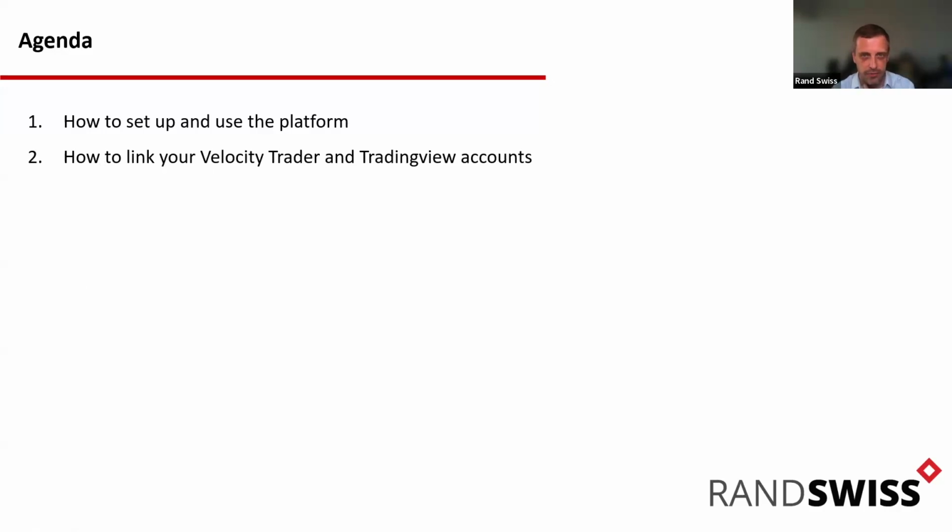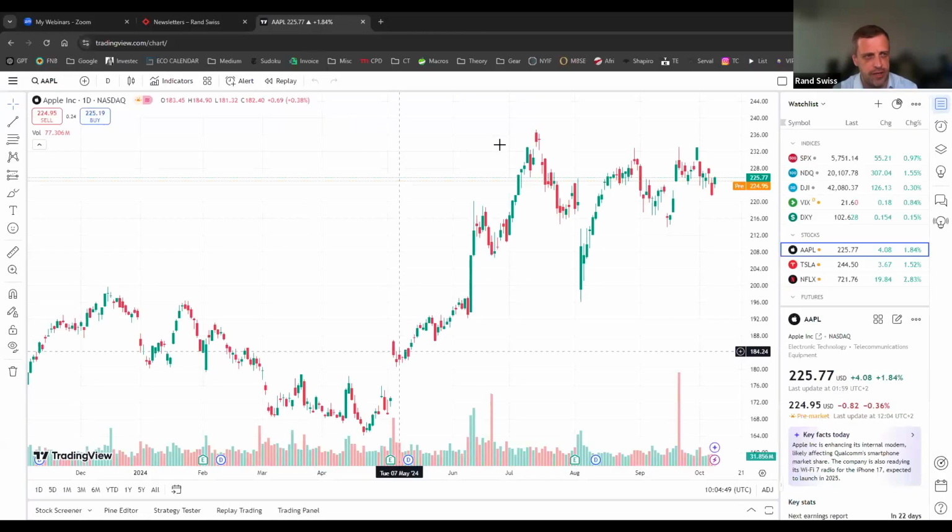I'll share it with you now. So if we look here, this is TradingView, just tradingview.com. You can get these charts, and then you can link your account to TradingView.